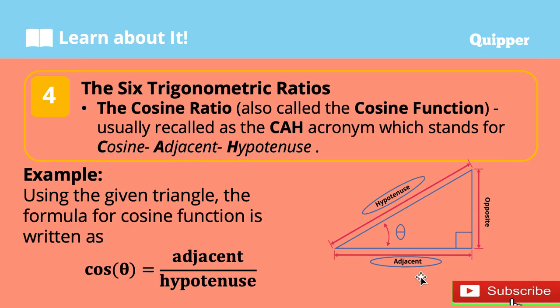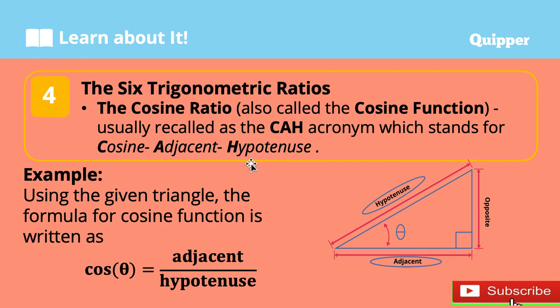Next, we have the second trigonometric ratio, the cosine ratio. It is also called the cosine function, usually recalled as the CAH acronym, or the CAH in SOH-CAH-TOA, which stands for cosine, adjacent, and hypotenuse.